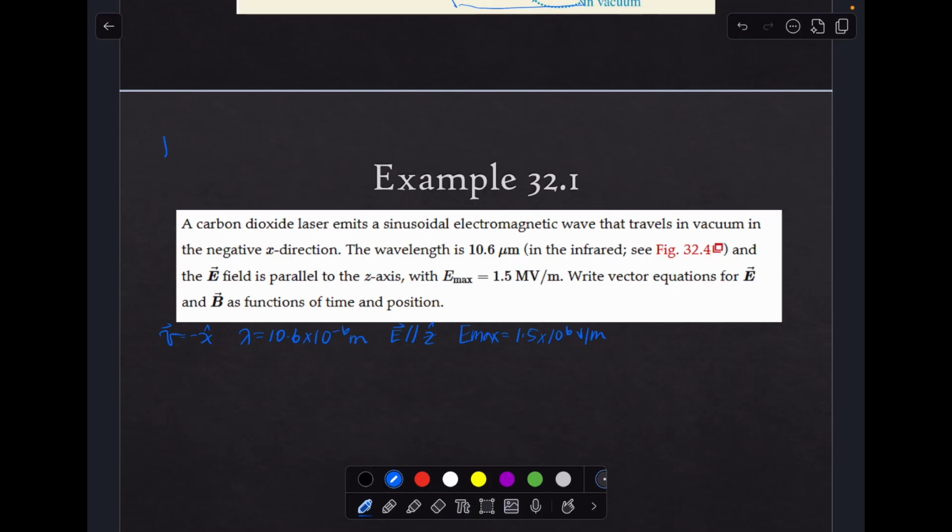So let's just copy down the ones from the previous slide. That's a vector: cosine of kx minus omega t in some vectorial direction, which I'll just call E r hat.